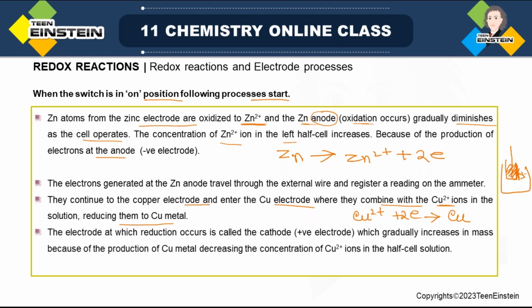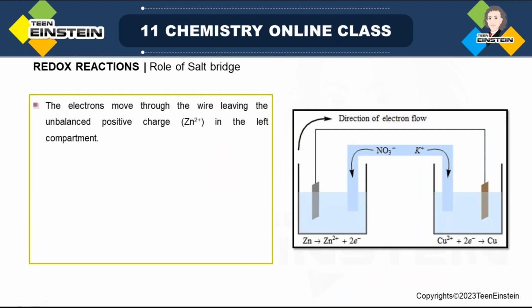The electrode at which reduction occurs is called the cathode. It is also known as the positive electrode. It will gradually increase in mass because of the production of copper metal. And obviously, the concentration of Cu2+ ions in this solution will decrease because they are gradually converted to Cu. So this is happening on the other side.